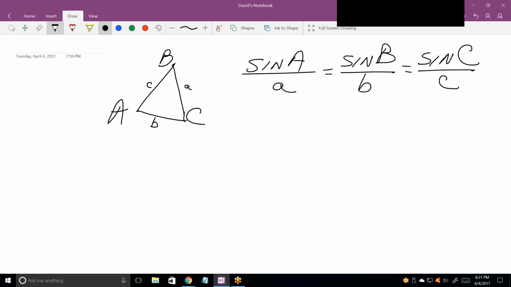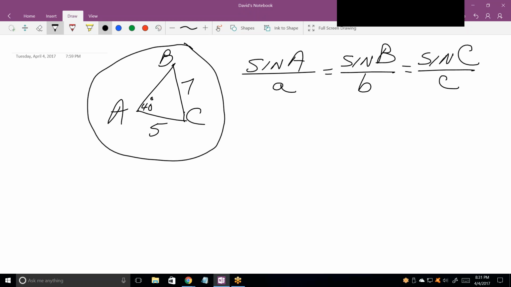Okay. In other words, if I gave you a problem such as the following, let's say I gave you that angle, 40 degrees, and I gave you that side, and then I give you this side there. I've given you 3 pieces of information: 2 sides and 1 angle.